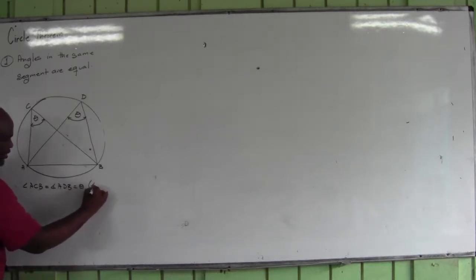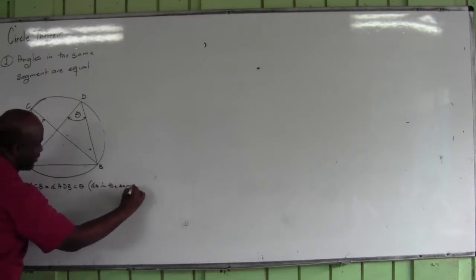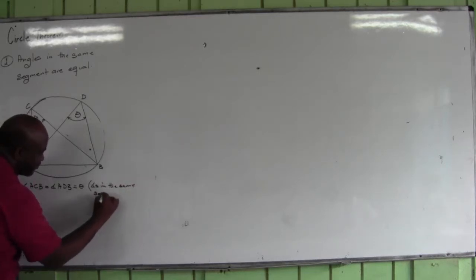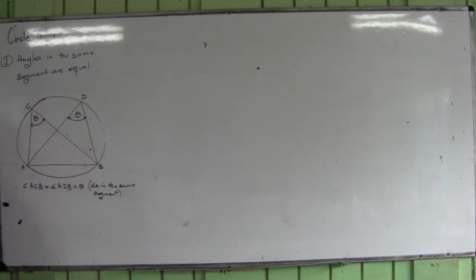Why? They are angles in the same segment. Angles in the same segment are equal. Some basic characteristics. Please note, the two angles are formed at the circumference. Notice that angle DCA and angle D are formed at the circumference.